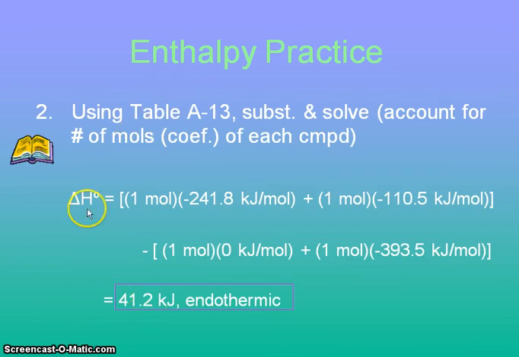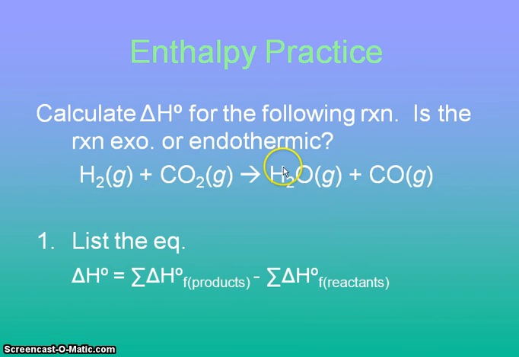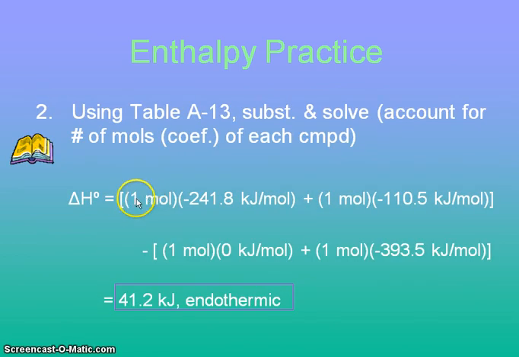Now what you'll see here, when I plugged in these values, I also multiplied them by how many moles were present. For this one it doesn't necessarily matter because they're all 1-to-1 ratios. There are no coefficients in my balanced equation. If there were coefficients, you have to multiply the value that you look up by that coefficient. So if there were 2 water molecules here, then I would have to multiply this value by 2.